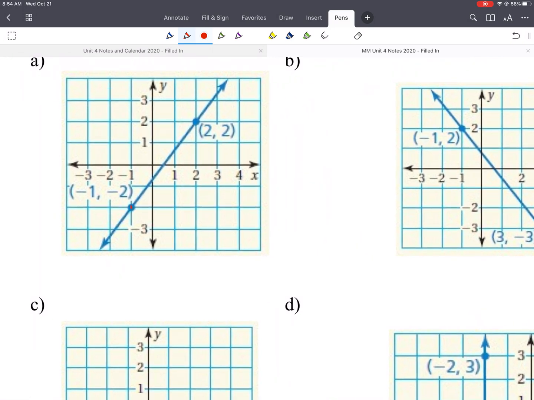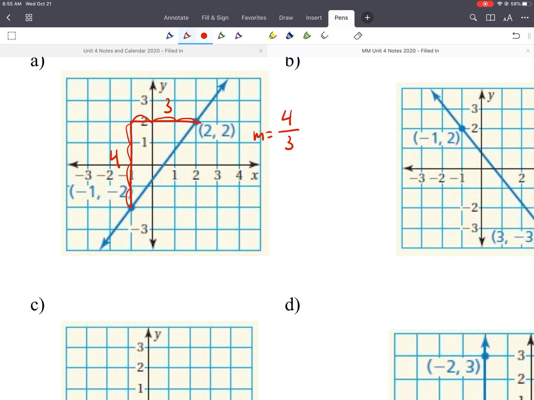So here's our point. The rise here is 1, 2, 3, 4, so 4, and the run is 1, 2, 3. So the slope, which we'll call m, is 4/3.